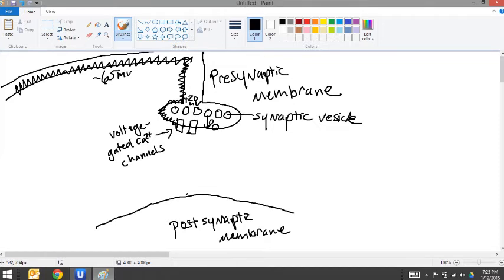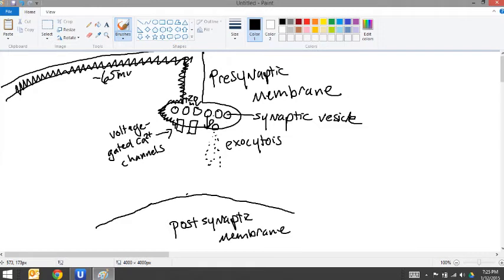And when they fuse with the membrane, they open up and they spill out all of the neurotransmitters that are inside them. And this process is called exocytosis.